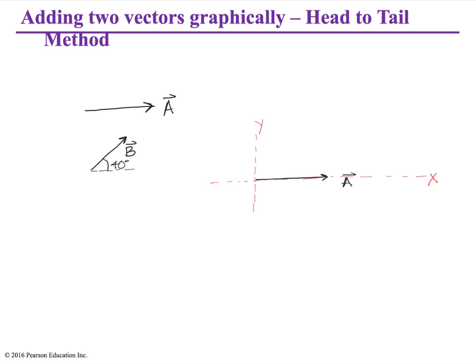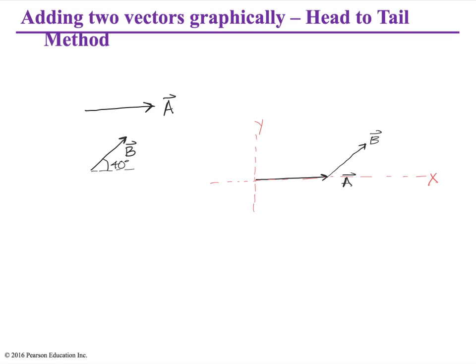Now in this picture I tried to show that vector A was just horizontal, and so it lies along the x-axis. Now we draw the second vector, but what we do is we draw it starting at the head of vector A, then we draw vector B.